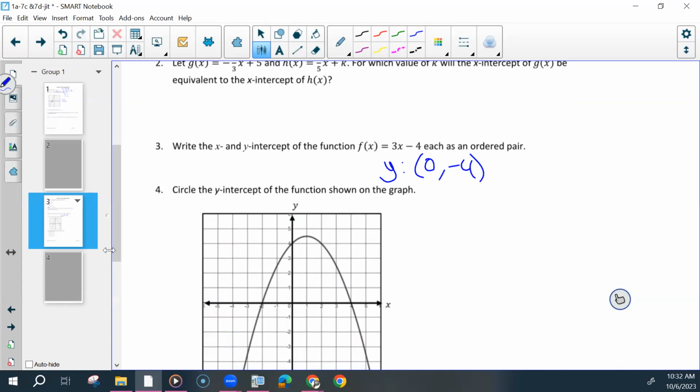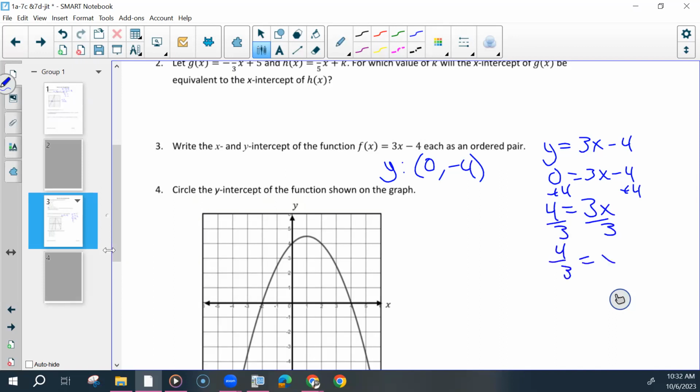But for the x-intercept, we do the same work that we did before. The y equals 3x minus 4, change the y to 0. And now we're solving. Add 4 to both sides, and divide both sides by 3. Since this is a fraction, you would just leave it like that and write (4/3, 0).